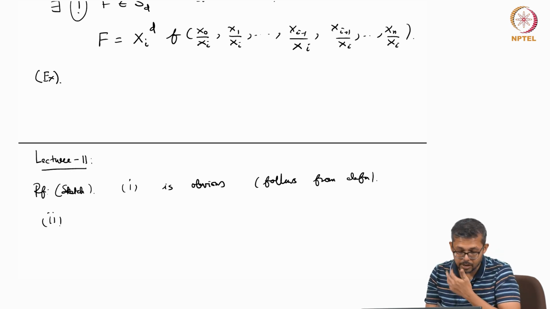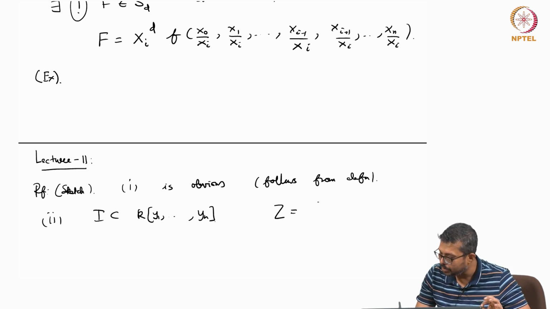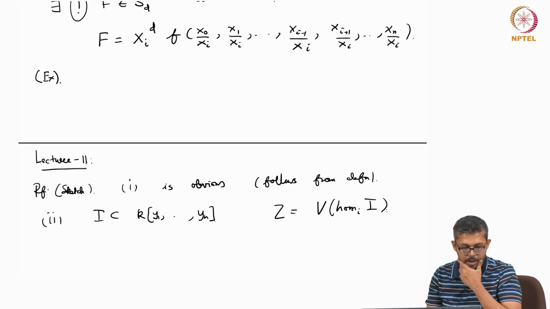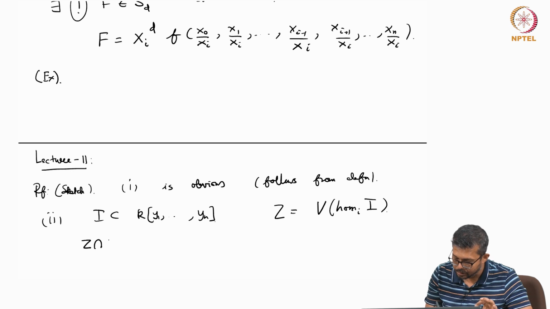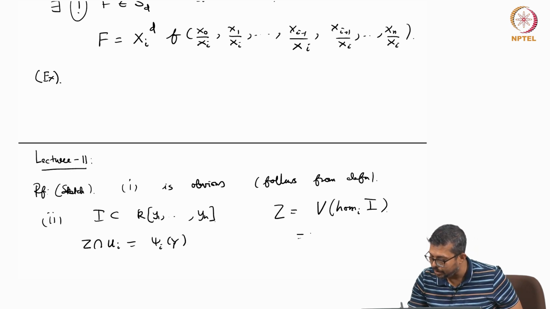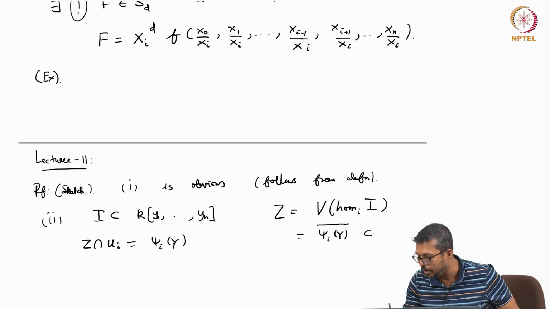If we take the ideal I in K[y1, y2, ..., yn], and consider the closed subset Z, which is the zero set of the homogenized ideal I, then the point is that Z intersection Ui is nothing but psi i of Y, and Z is the closure of it in Pn.